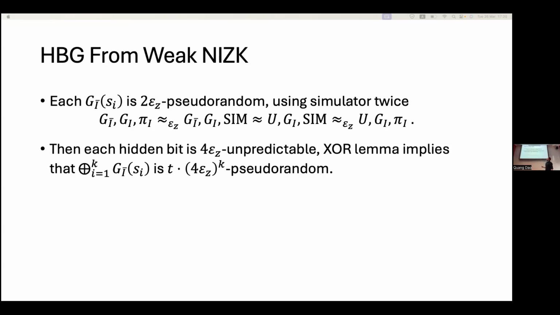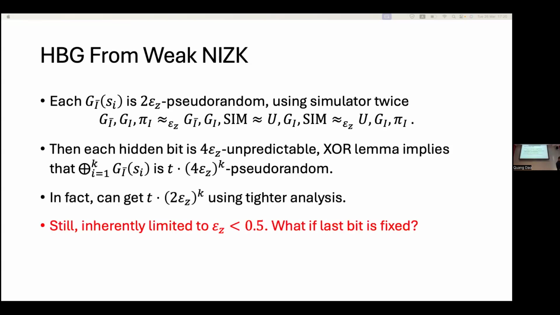You suffer a factor of 2 because you go through the simulator twice, and then every bit is 4 epsilon unpredictable, sorry, and then you can use the XOR lemma on every bit and take a hybrid argument. It doesn't really matter. I won't go into the details, but you can actually improve it to 2 epsilon z to the k.